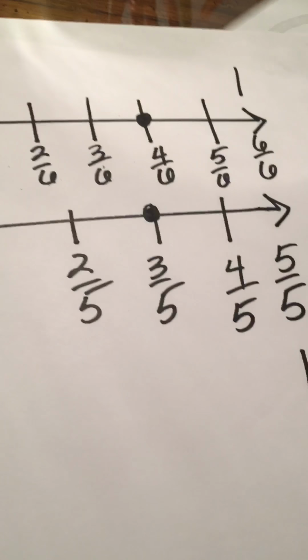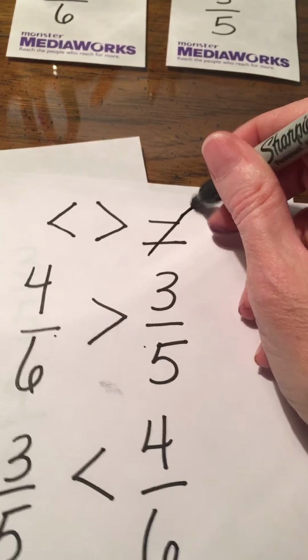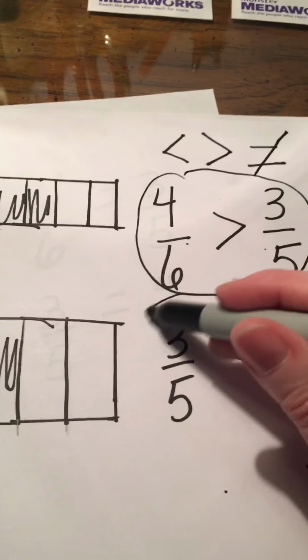So I still think that I am correct, and I did my multiplication. I know that they're not equal. Okay, and so both things told me that 4/6 is greater and 3/5 is less than 4/6.